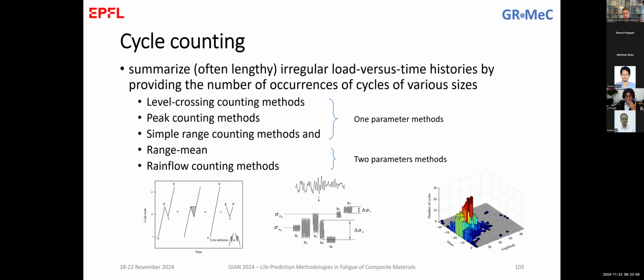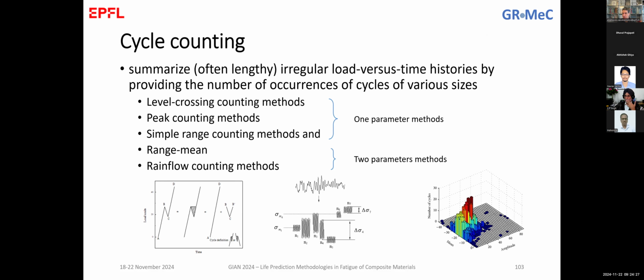And there we have several methods: rainflow counting methods that were introduced first, but then range-mean methods, simple range counting methods, counting each half cycle as a half cycle of this amplitude and mean. But anyway, there are a lot of methods, and the output at the end is a kind of diagram like this.